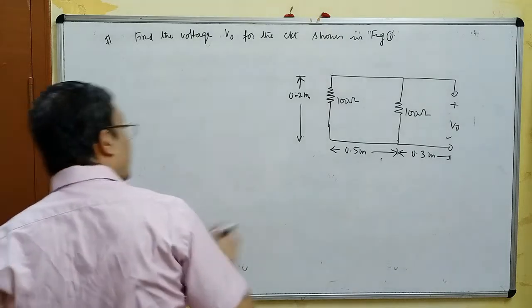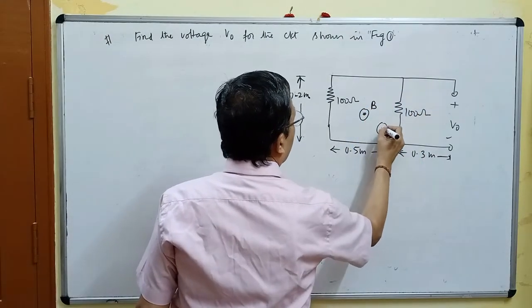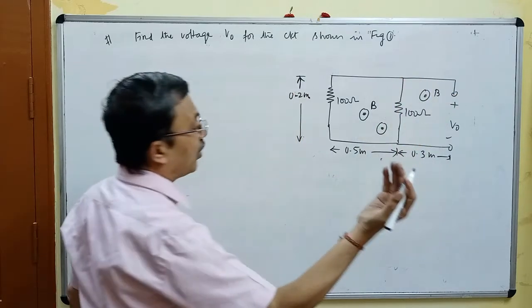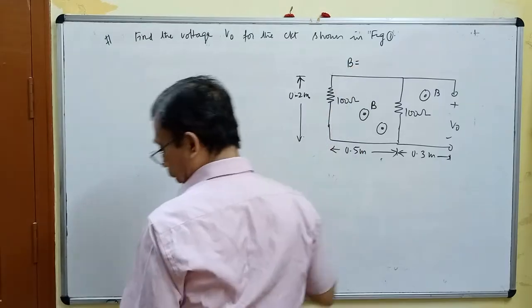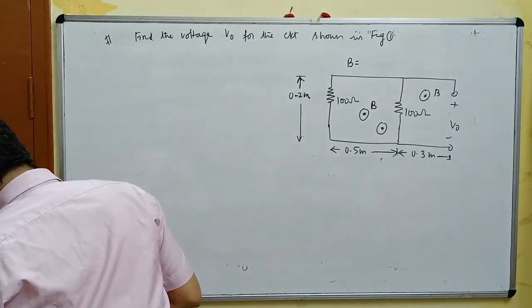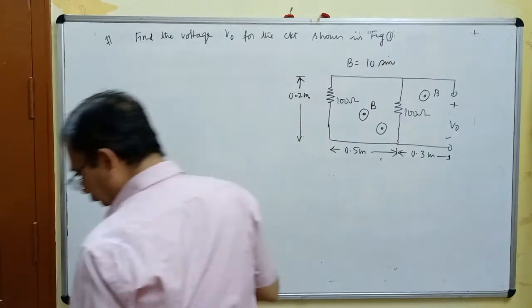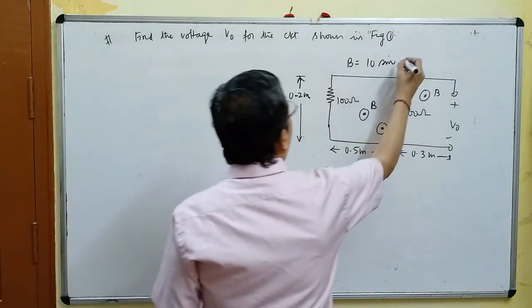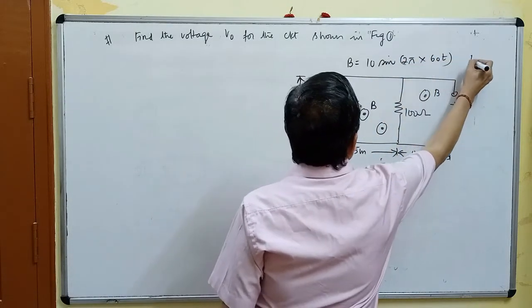Vector B is coming out of the page, or coming out of the board, and B is given by the relation 10 sine 2 pi into 60t Tesla.